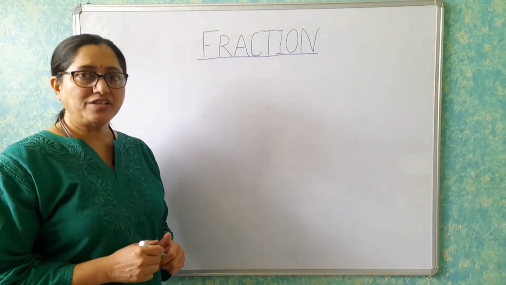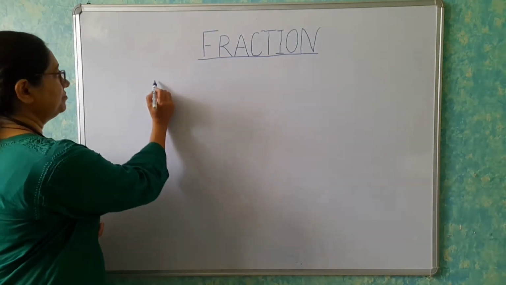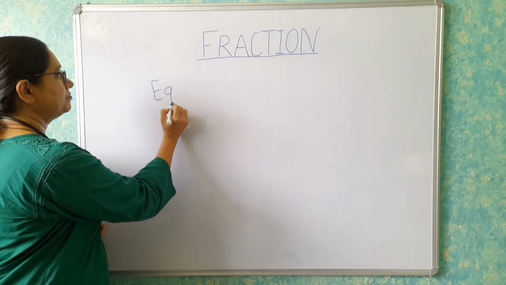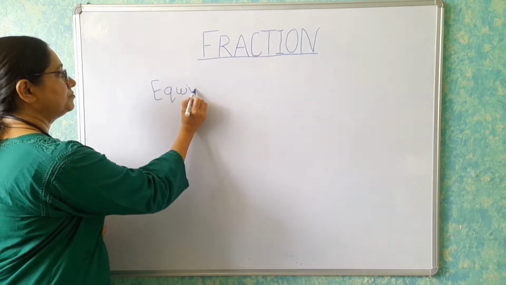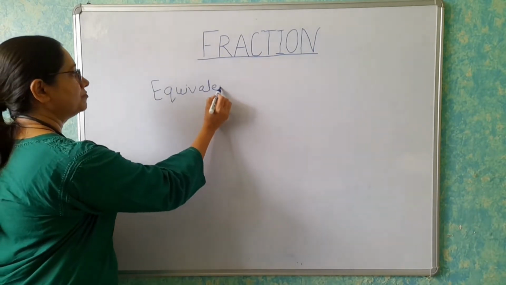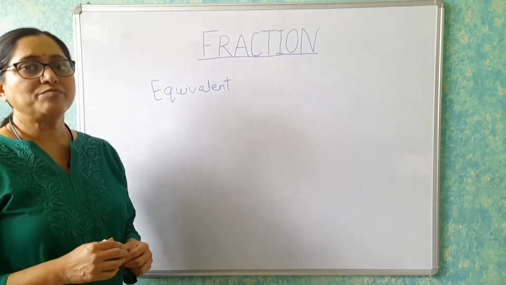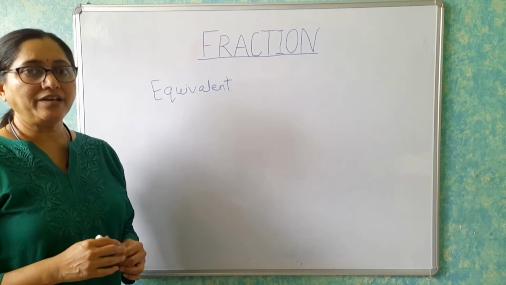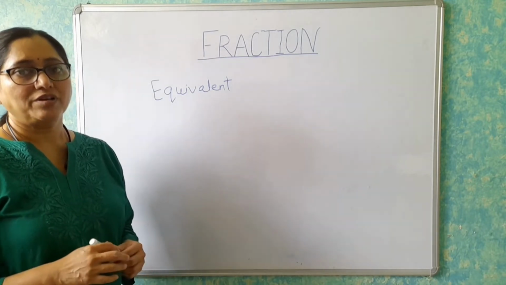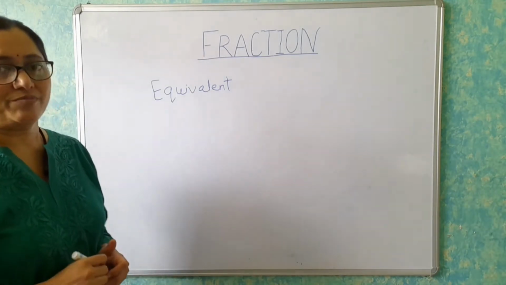The next fraction is equivalent fraction. We can get equivalent fractions by multiplying or dividing the fraction with the same number. I will explain you with an example.